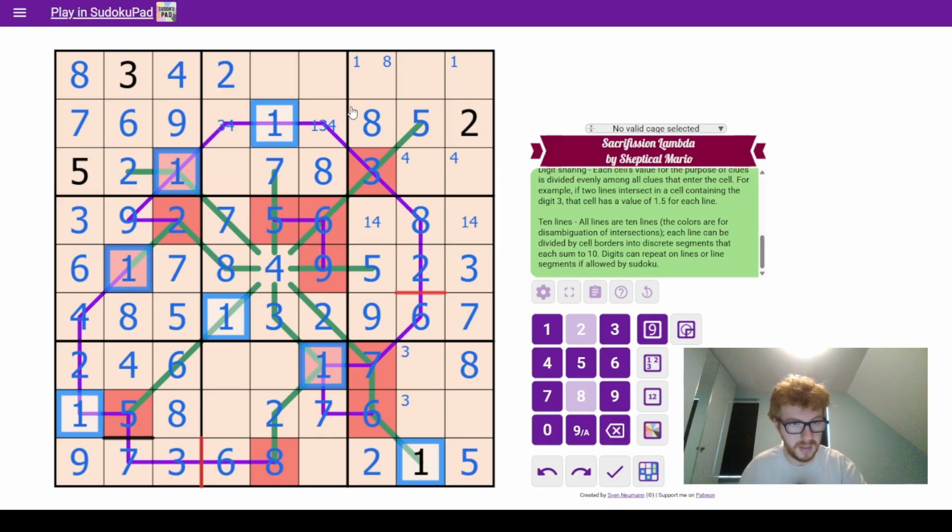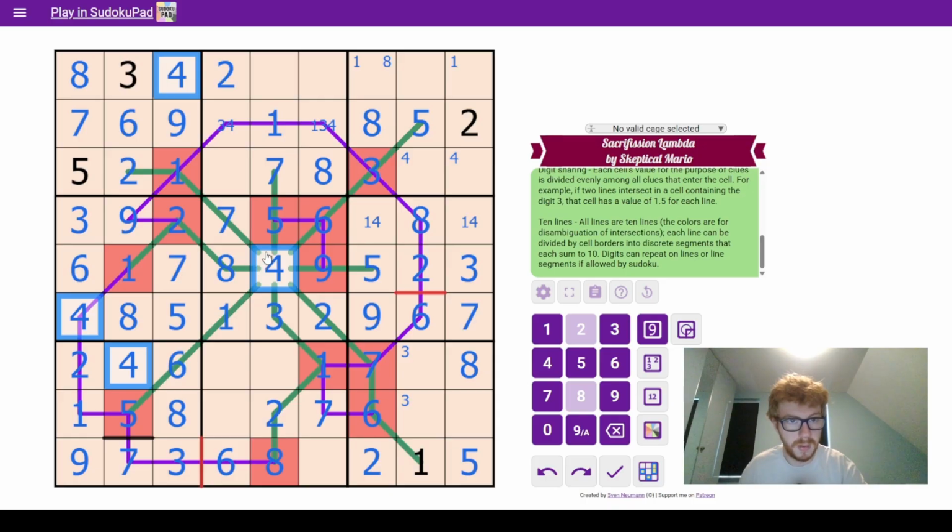Not quite yet. 4. Also no. Well, yes, okay. 4 is in one of those two, so 4 is here. It's the last number we need in a row, so I could have seen that as well. So we know that that's our 4, that's our 3. 4 is in one of those, so the 4 is there.